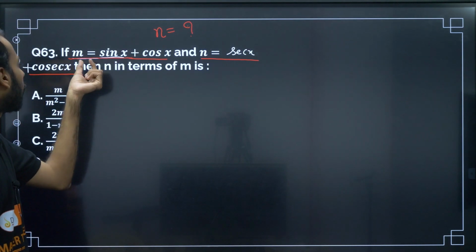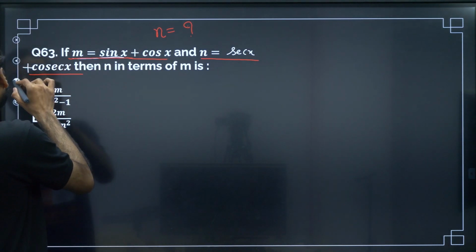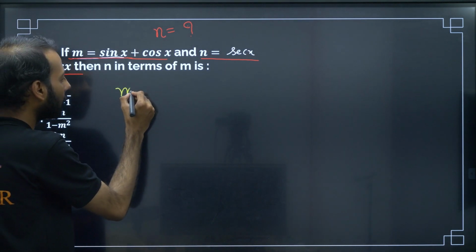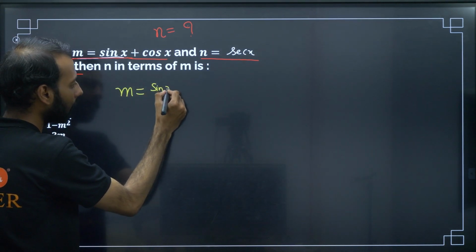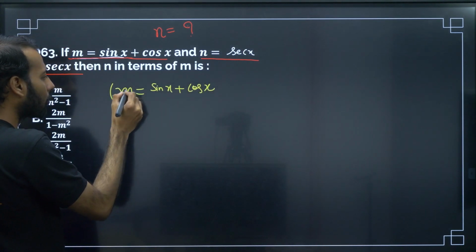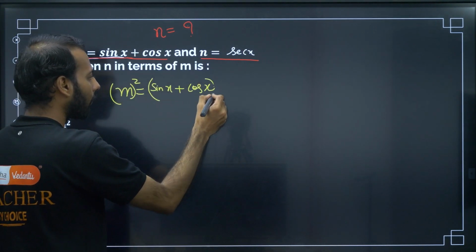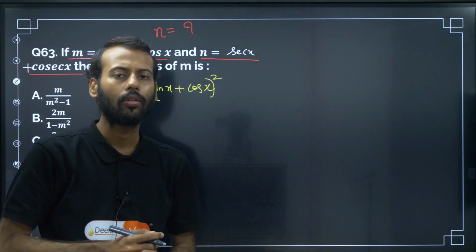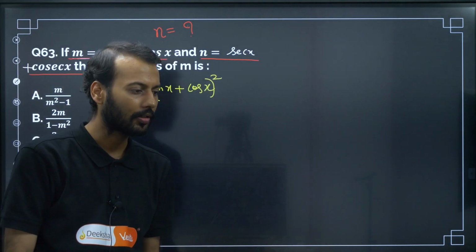Now two variables are there, so we have to use some algebraic operations. Let me consider m is equal to sin x plus cos x. Let me apply the square function on both sides. So why are we applying the square function?